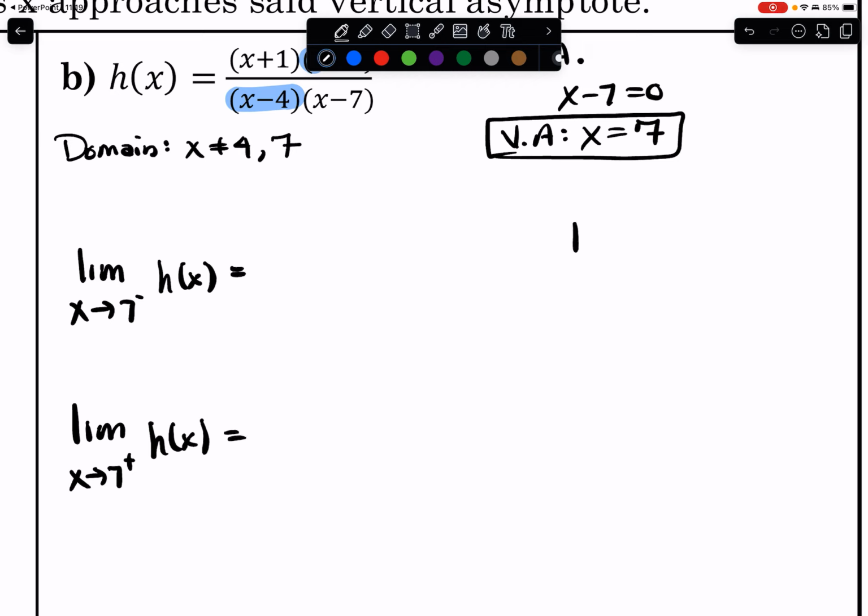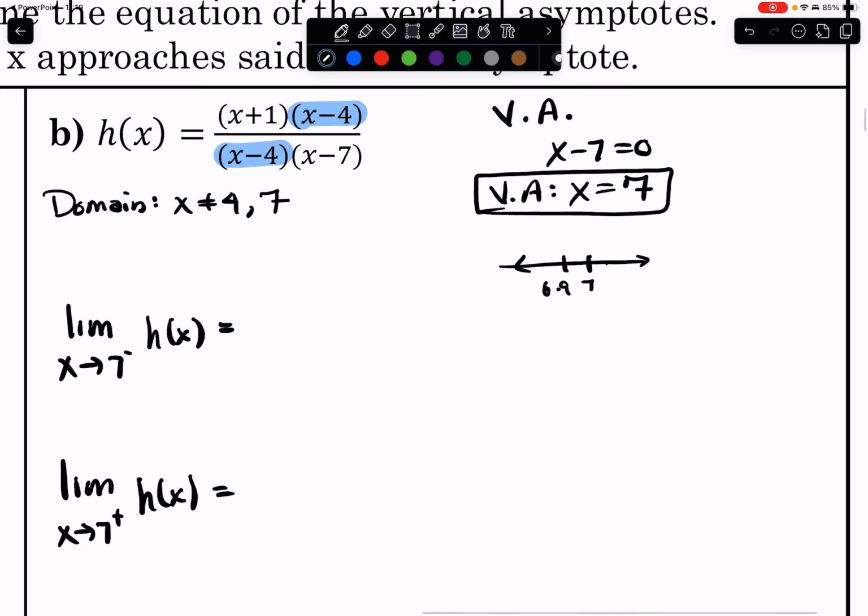Well, all we're going to do again, imagine that we have a number line. 7. And we're going to pick something really close to 7, like 6.9 on the left side.